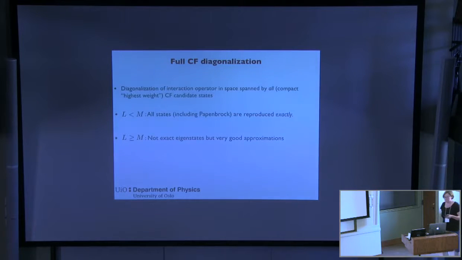Now, this is not as impressive as it sounds if I just say it like this, because if you remember back to the table on the previous slide, in this regime the composite fermion construction gave you as many linearly independent states as the actual size of your basis. So in this regime, all we do is write our basis in a different and more convenient form because they're really equivalent.